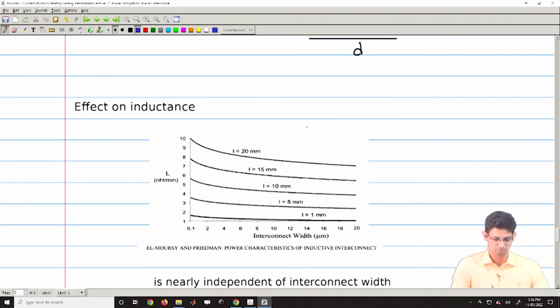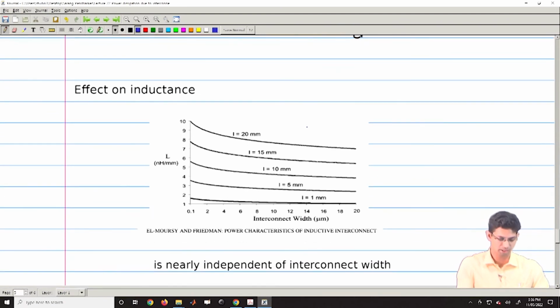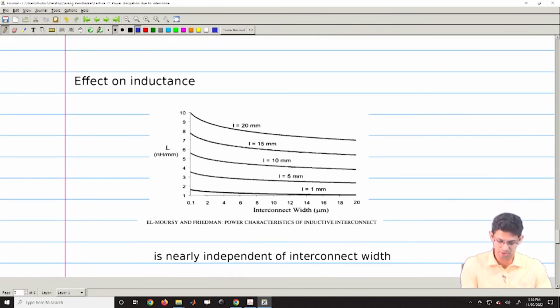From literature we can find that the inductance is more or less constant with the width. Here this is the width, and L is nearly independent of width W, right. This is in micrometers.